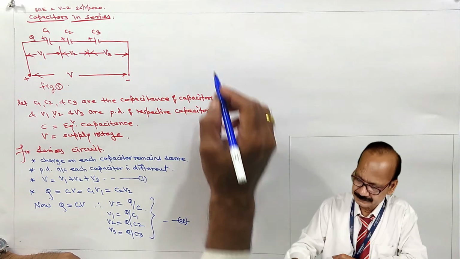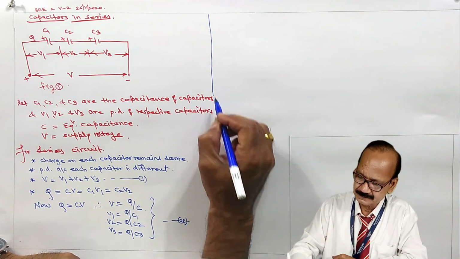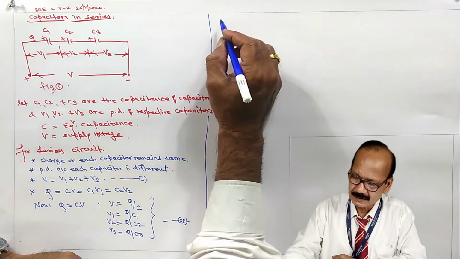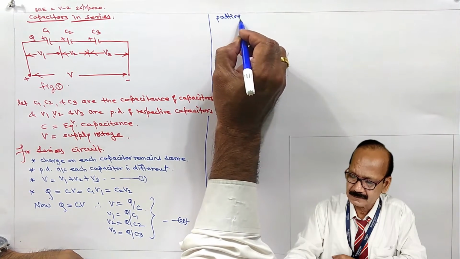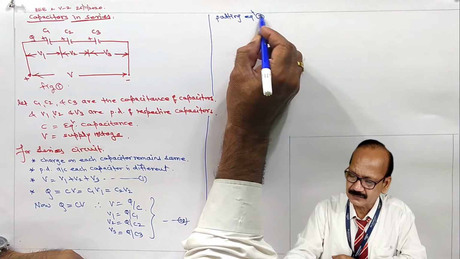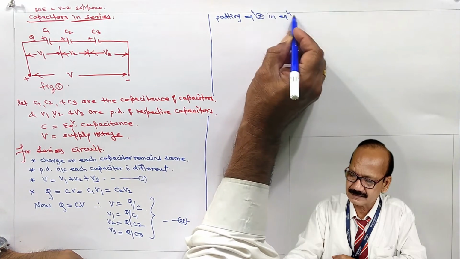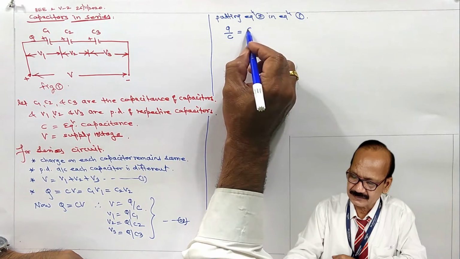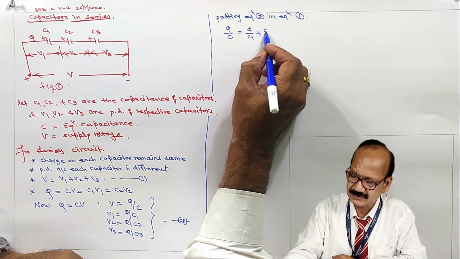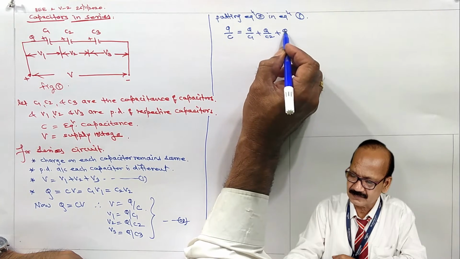Therefore, putting equation 2 in equation 1, Q upon C equal to Q upon C1 plus Q upon C2 plus Q upon C3.